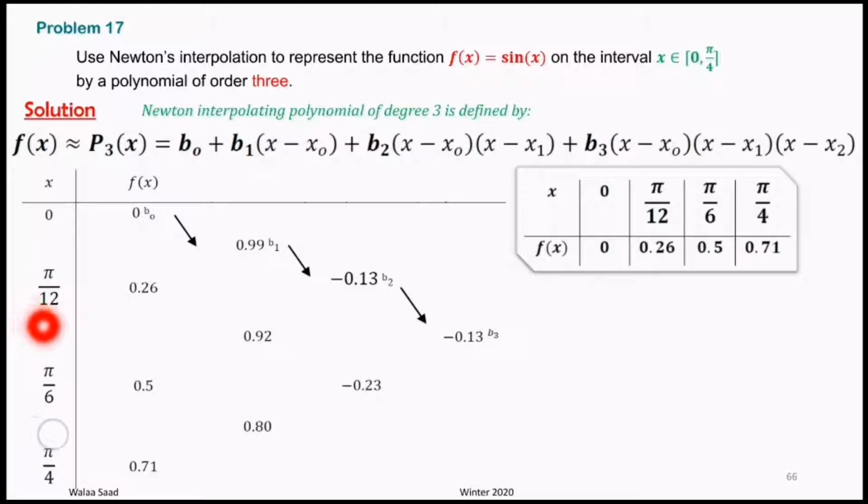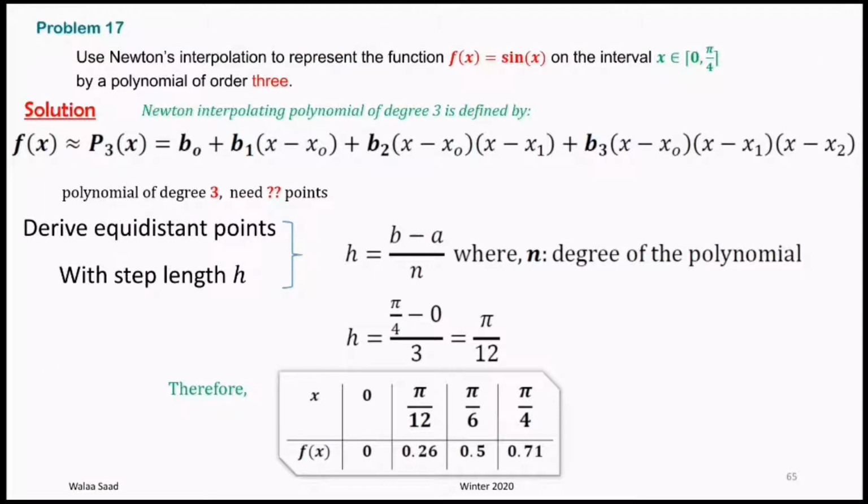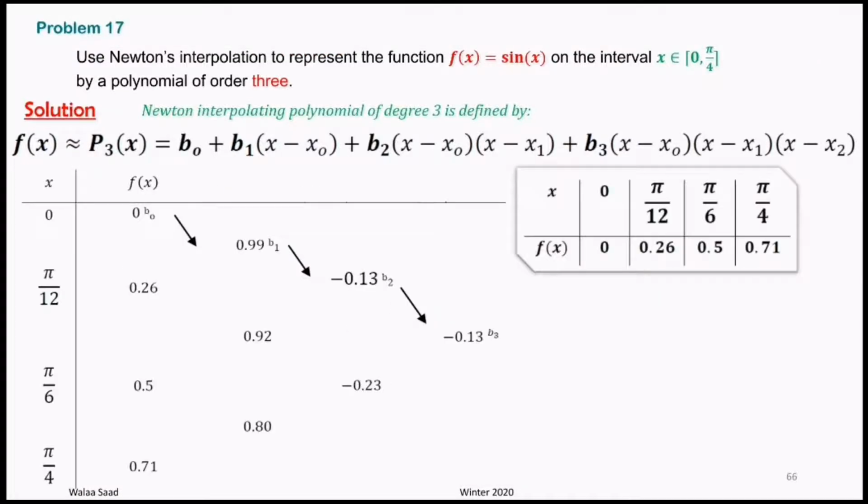Yes, we skipped, and we will go up to the pi over 12. Finally, the last value is deduced from negative 0.23 minus negative 0.13, and then go down, down, down till you use the last x value minus here, go up, up, up, and then horizontally the first x value, constructing the last b, which is b sub 3.